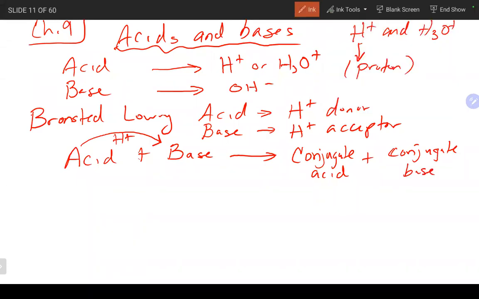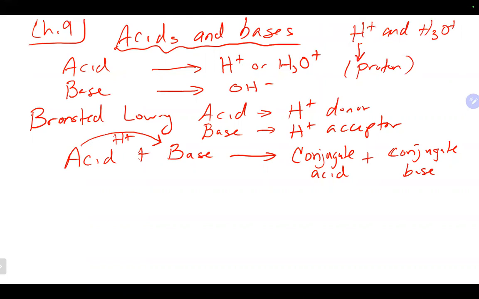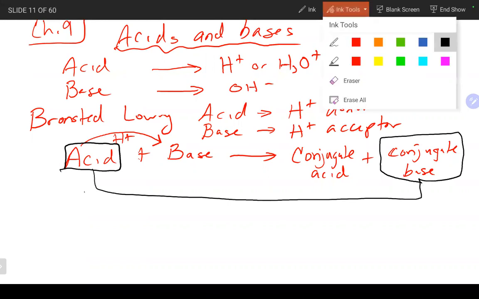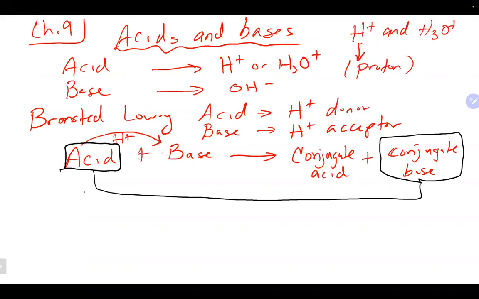And there is a relationship from the left-hand side to the right-hand side. The acid on the left-hand side, its partner and the one that it is related to is the conjugate base on the other side, while the base and the conjugate acid are related to each other.